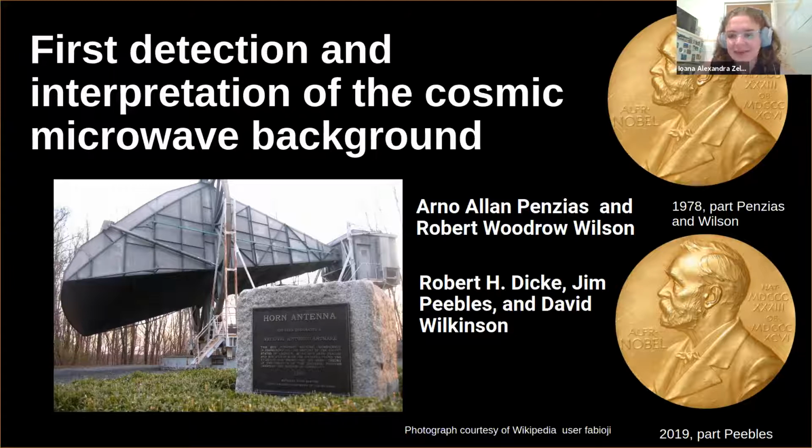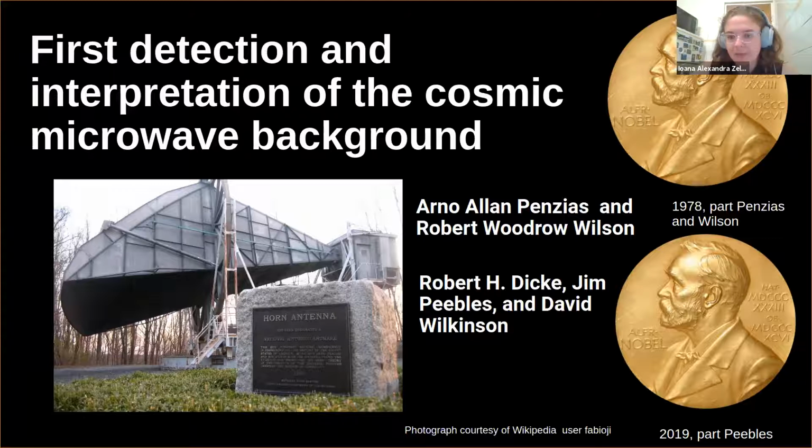The theoretical trio famously remarked that they were scooped, because they had just thought of funding an experiment to look for this radiation, exactly as Arno and Robert were struggling to understand this noise that they were seeing at 3 Kelvin in their data. And luckily, through an MIT professor, they were put in contact, and they were able to provide this joint release of both data and theoretical interpretation.